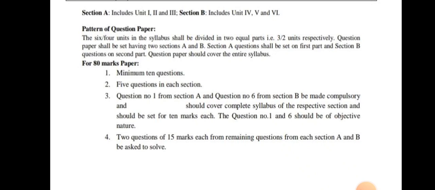So you have to solve 2 questions from section A and 2 questions from section B. The first question is compulsory. After this, you have to solve any 2 questions from section A, and from section B, question number 6 is compulsory and you have to solve any 2 questions from section B. So this is the paper pattern. This is similar to the other papers also. So we have covered the syllabus and the paper pattern of DSP.